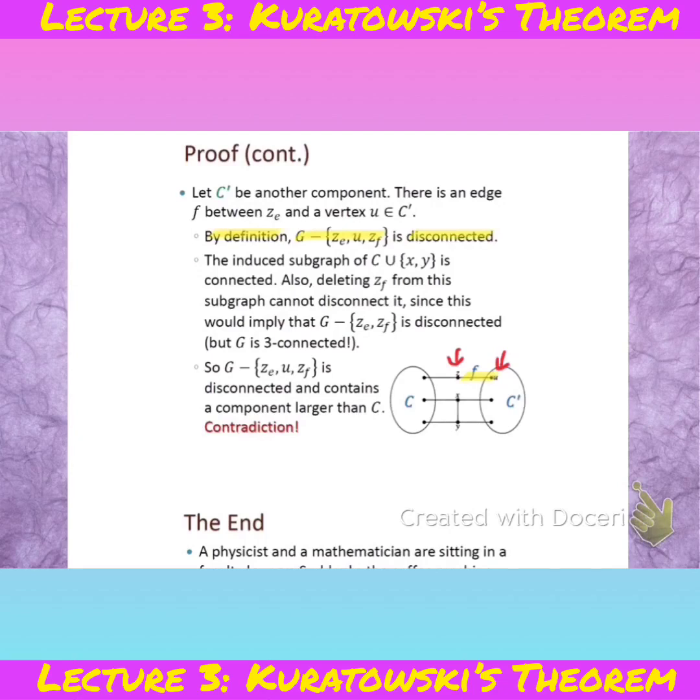When you contract an edge, you merge two vertices into one. The resulting graph is going to have a cut set of cardinality 2, and Z subscript F is going to be that other cut vertex. Right, so that is going to be a disconnected graph.